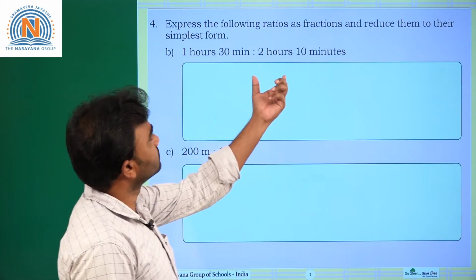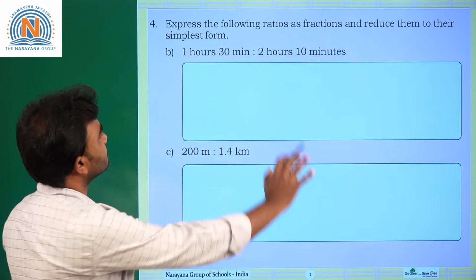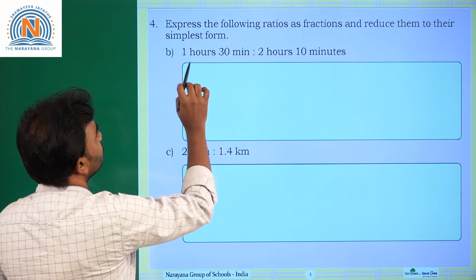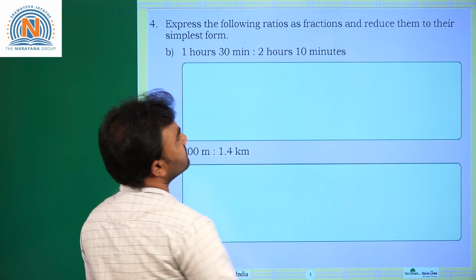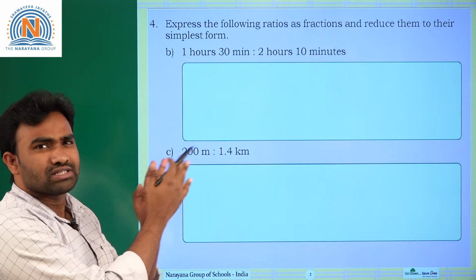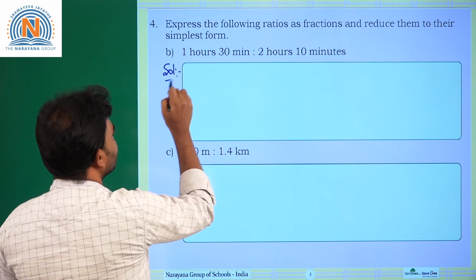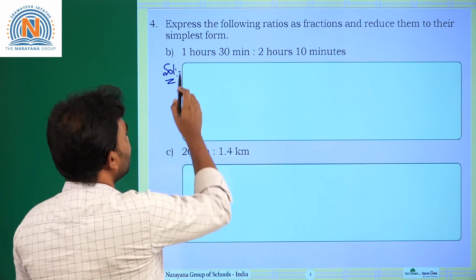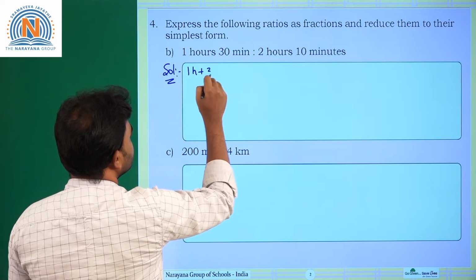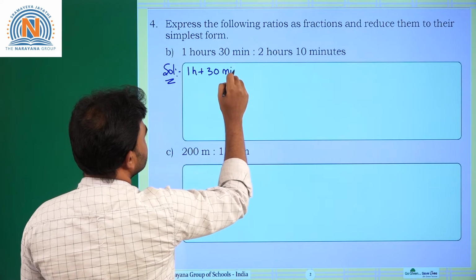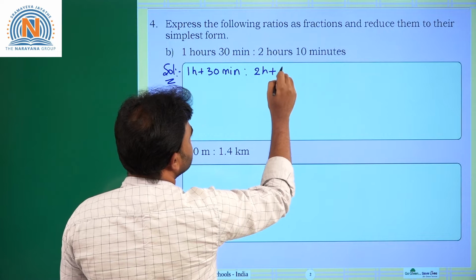Next, express the following ratios as fractions and reduce them to their simplest form. See, these are the ratios given. 1 hour 30 minutes is to 2 hours 10 minutes. As there are 2 units, hours and minutes, first let's convert into the same units. 1 hour 30 minutes can be written as 1 hour plus 30 minutes is to 2 hours plus 10 minutes.